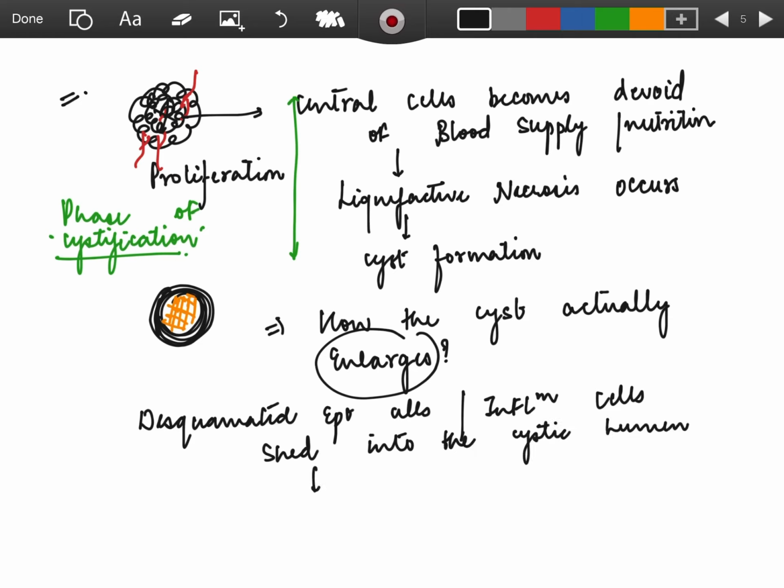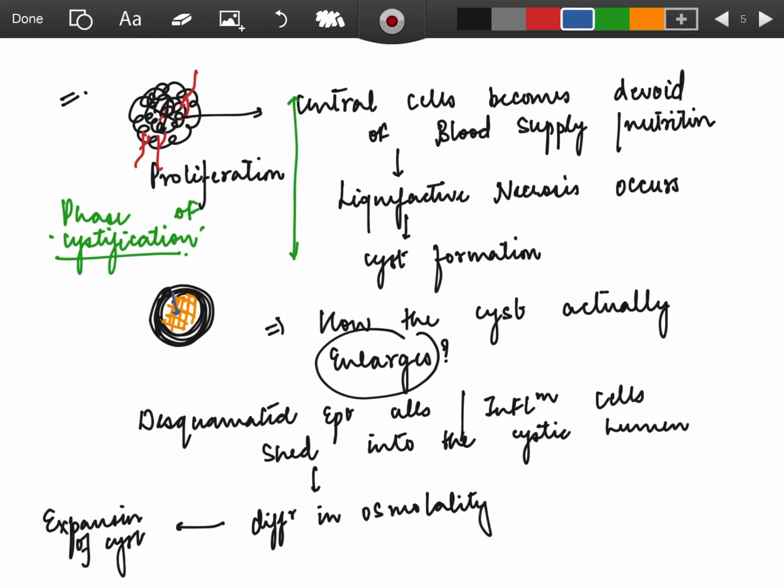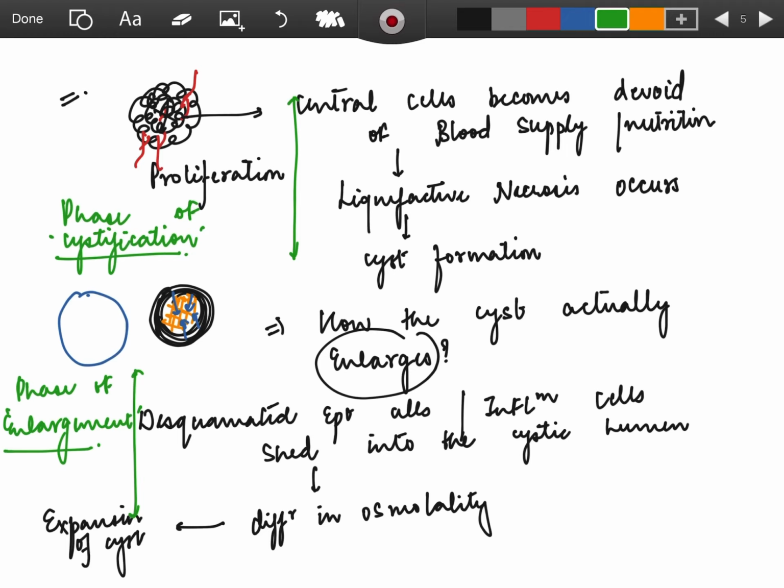This changes the osmolality and creates a difference in osmolality. To maintain the balance, water comes in, that is transudation of fluid, and there occurs expansion of the cyst. Now you understand how the cyst enlarges, and this phase is called the phase of enlargement.